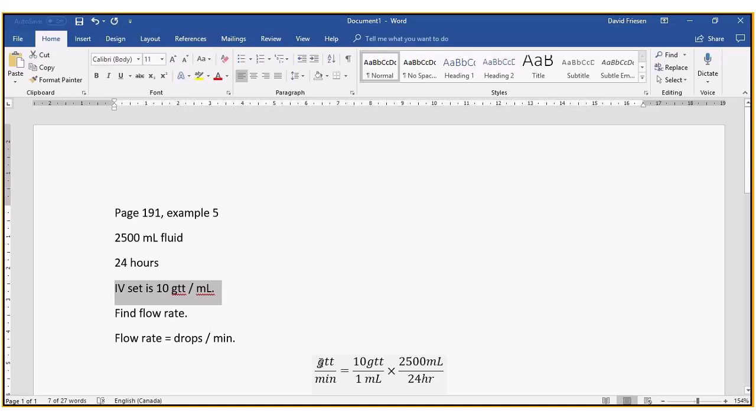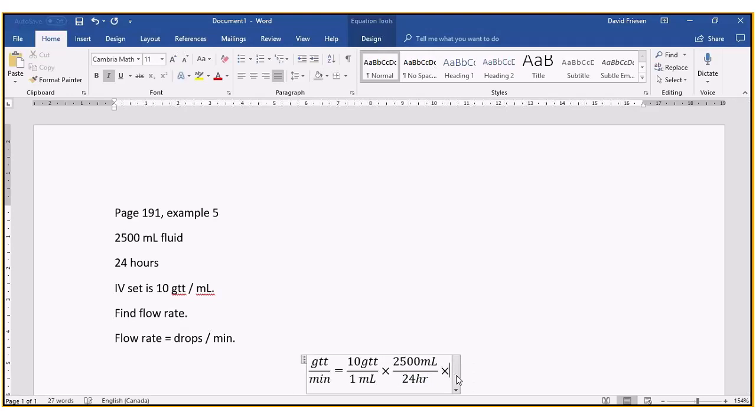On the left for my answer, I got GTT on top. On the right for the data, I've got minutes on the bottom. I need minutes on the bottom on the right as well. My milliliters and milliliters will cancel. And I'm left with hours on the bottom, so I need to multiply by one more thing.